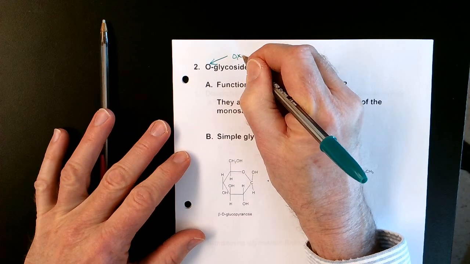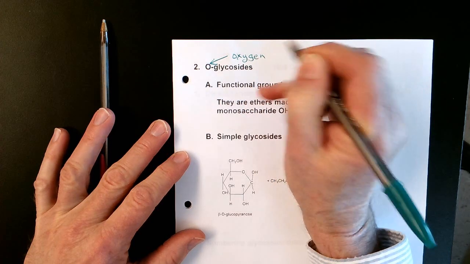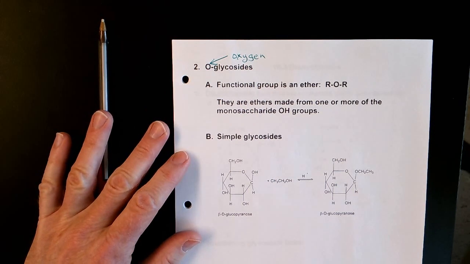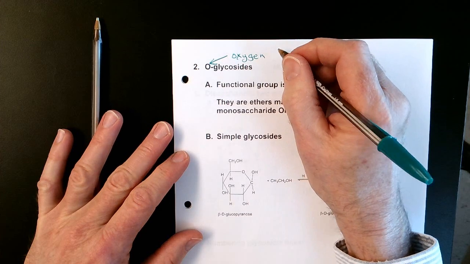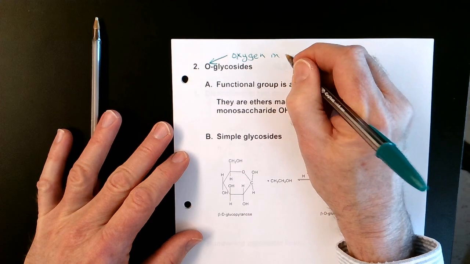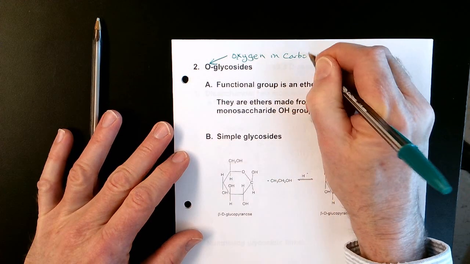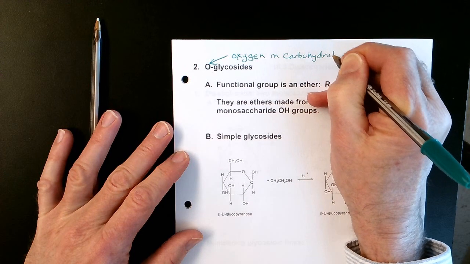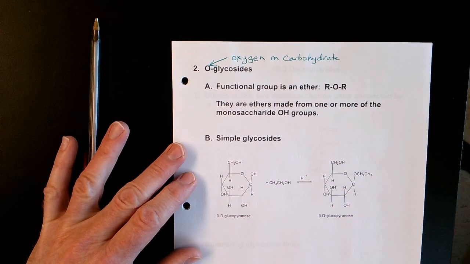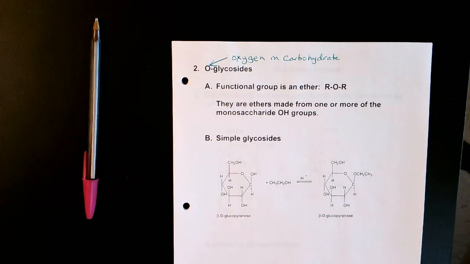The oxygen source for the ether will be something that starts out in the monosaccharide. And I'll go ahead and say carbohydrate to make it a little bit more general, because it doesn't have to be just monosaccharides. They can be bigger molecules too.